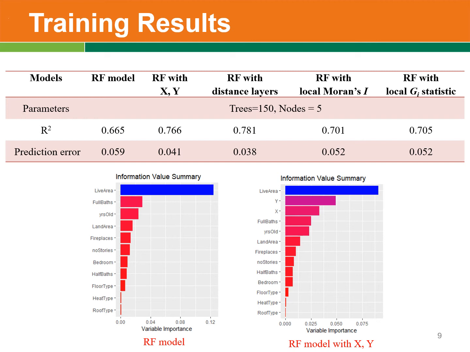And the three categorical variables are the least important factors. On the right-hand side plot, we can see that the included XY coordinates are very important. They are ranked the second and the third most important variables.